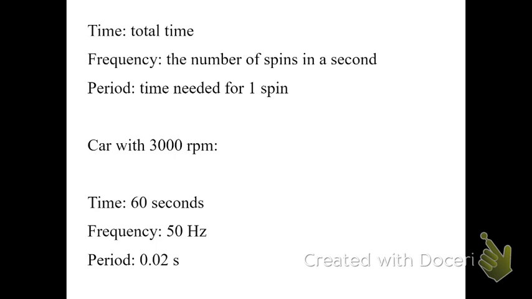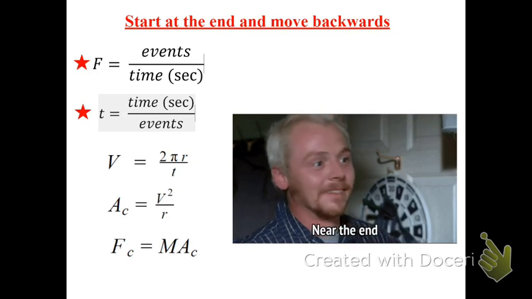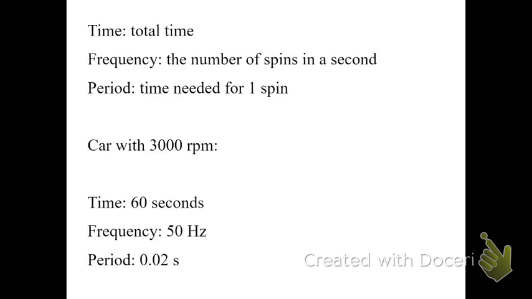So remember, those are inversions of each other. If we look back at our formulas, frequency is 1 over our period, and our period is 1 over our frequency. So they are inversions of each other.